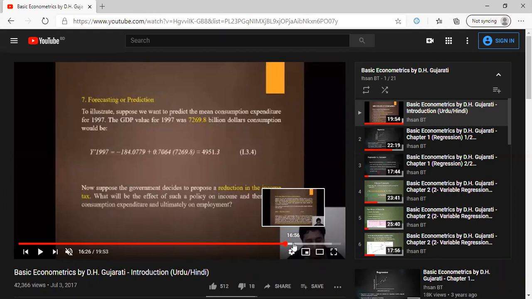No, Professor. Theoretically speaking, what it's saying is if x is 0, income is 0, consumption is minus $184, which doesn't make any sense. Sometimes you will encounter that kind of issues in this econometrics regression analysis. Sometimes you will get nonsensical results. If it was a positive value, then it would make sense.